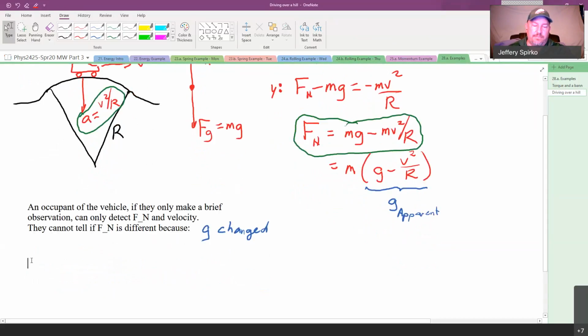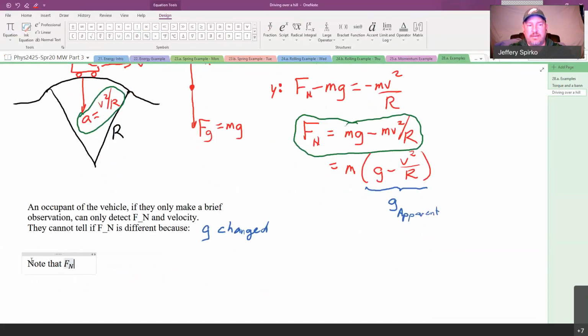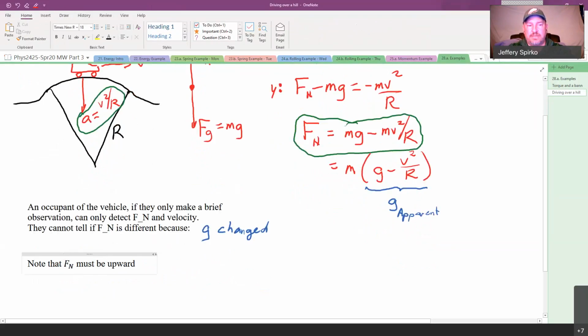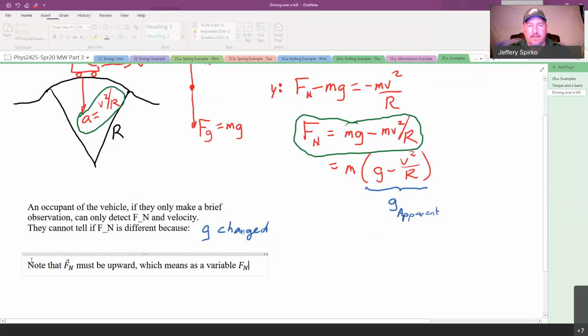And one of the questions on exam 2 is note that Fn must be upward, which means as a variable, Fn must be positive.